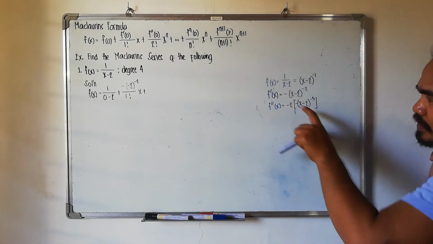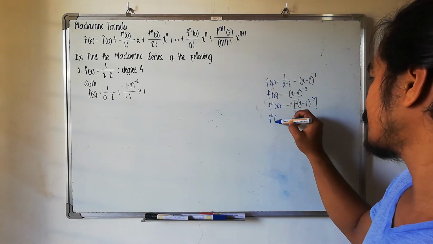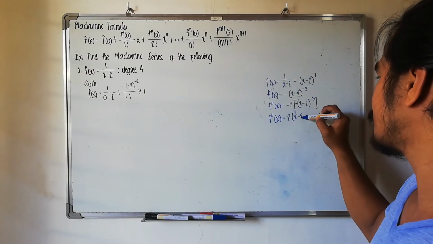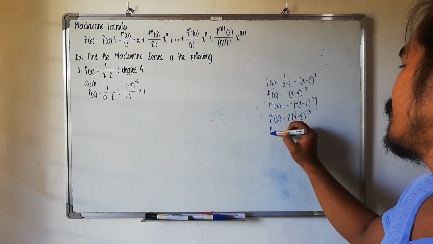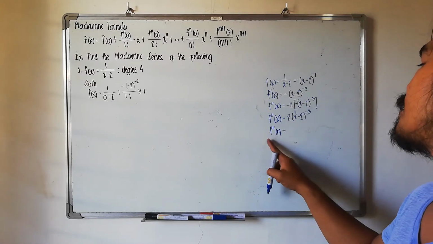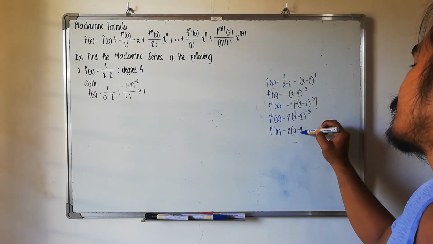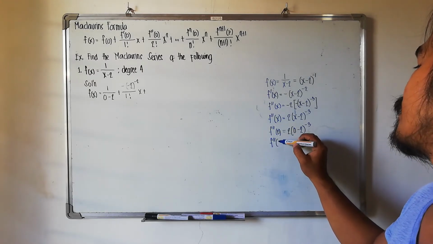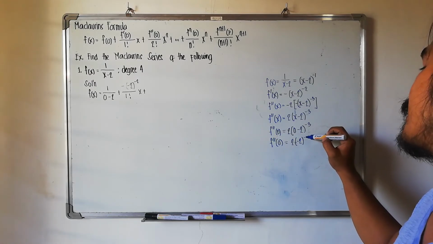Negative times negative is positive. So, the second derivative of your function is equal to 2 times x minus 2 raised to negative 3. Substitute x is equal to 0. So, your f double prime of 0, or the second derivative of your function where x is equal to 0, is 2 times 0 minus 2 raised to negative 3.